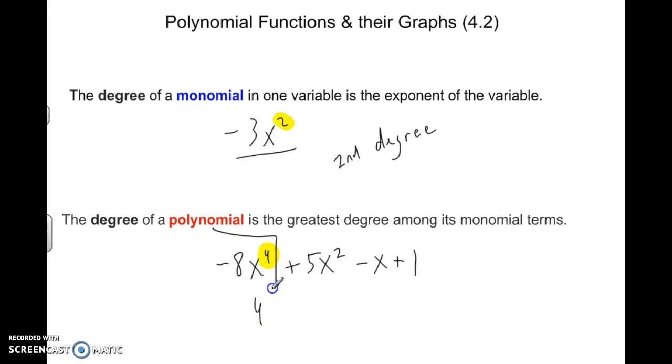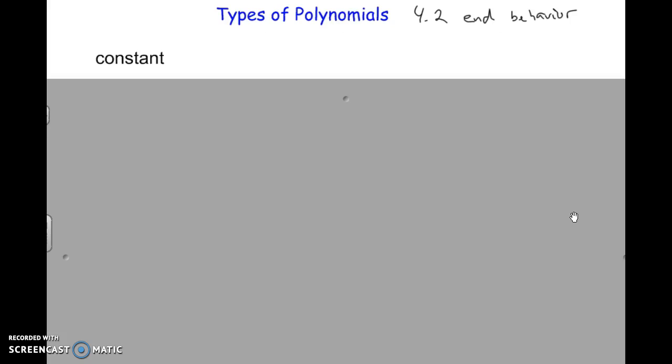So you take the largest individual term. We're not going to focus on the rest of these. We focus on the big term, especially when we talk about end behavior here. Again, you take the largest individual monomial in there, and that's going to determine the degree of the polynomial.